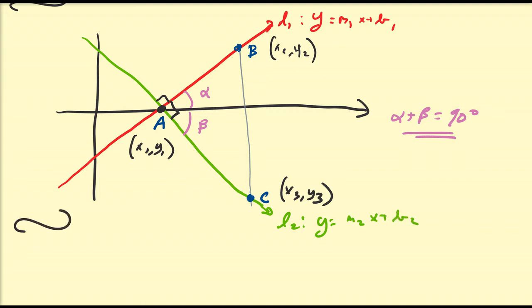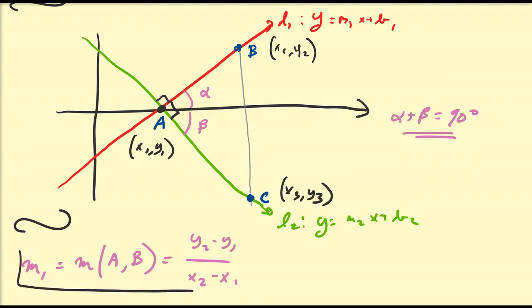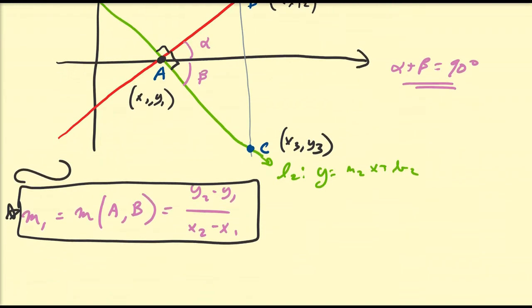So let us find the slope of line 1. m1, which is the slope of line 1, can be found by finding the slope between point A and point B. Point A and point B are x1, y1, and x2, y2. So its slope is y2 minus y1 over x2 minus x1. So let's just keep that in mind here. We'll need this result in just a moment.